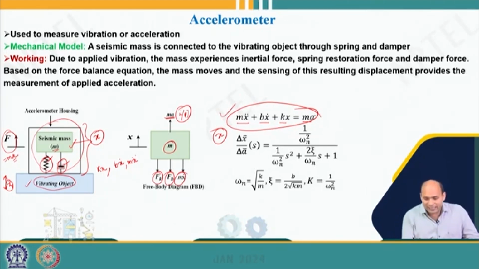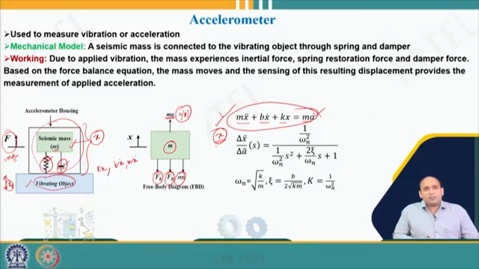Now the acceleration is the input and x is the output. If you can measure this x, from there you can easily calculate your acceleration input, isn't it? Now how to measure this x? x is again a displacement, and we have already discussed how to measure displacement. So what we can do?